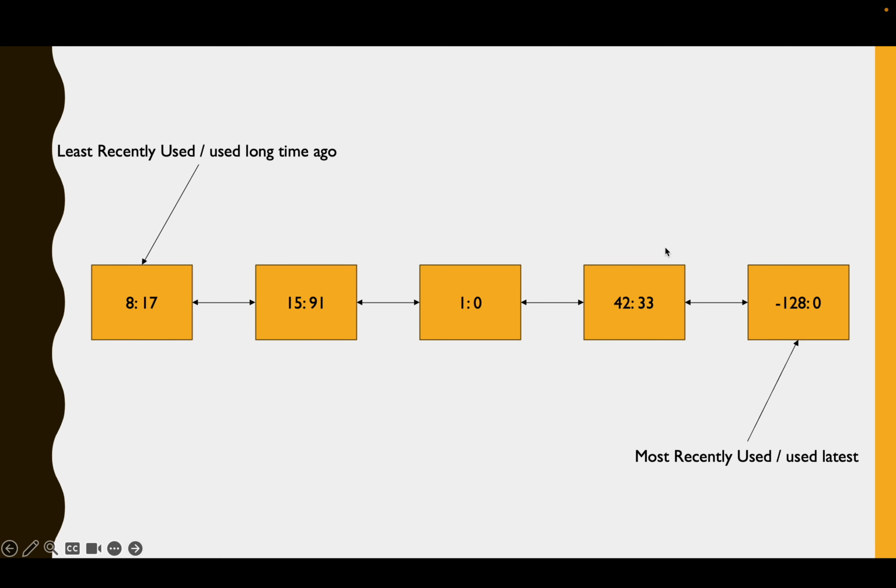So what it really means here is the key minus 128 was used very recently, the key 42 was used before that, the key 1 was used even before that, and key 15 was used even before that, and the key 8 was used some time long back ago.